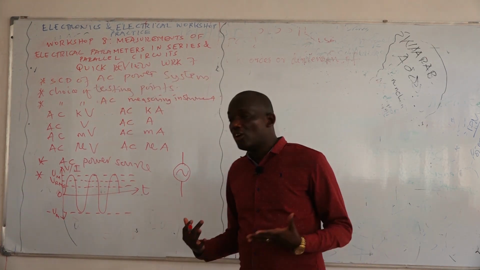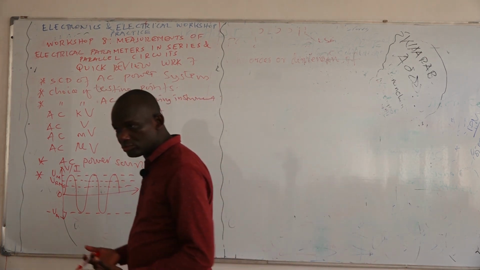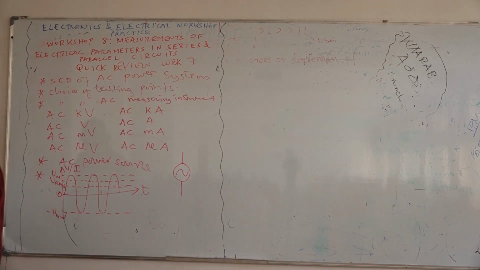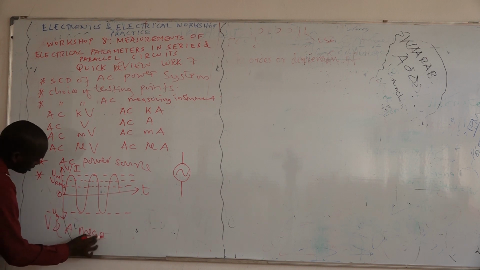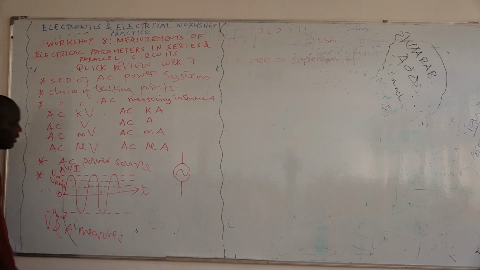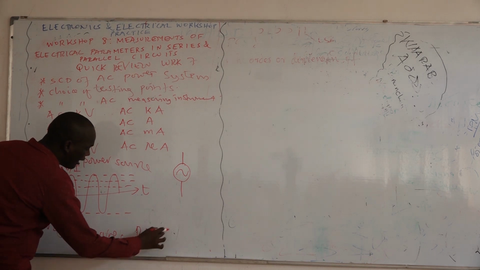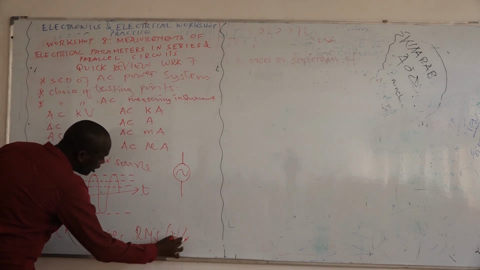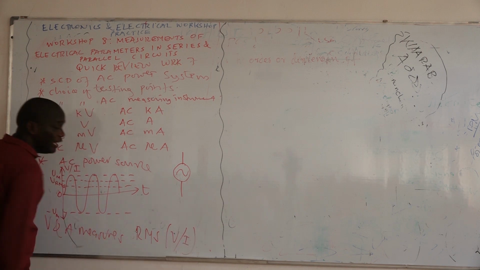And the average of alternating current is what? 0. That's why we don't use it. Then I told you that all the voltmeters and ammeters measure what? They measure root mean square voltage or current. Bear that in your mind.